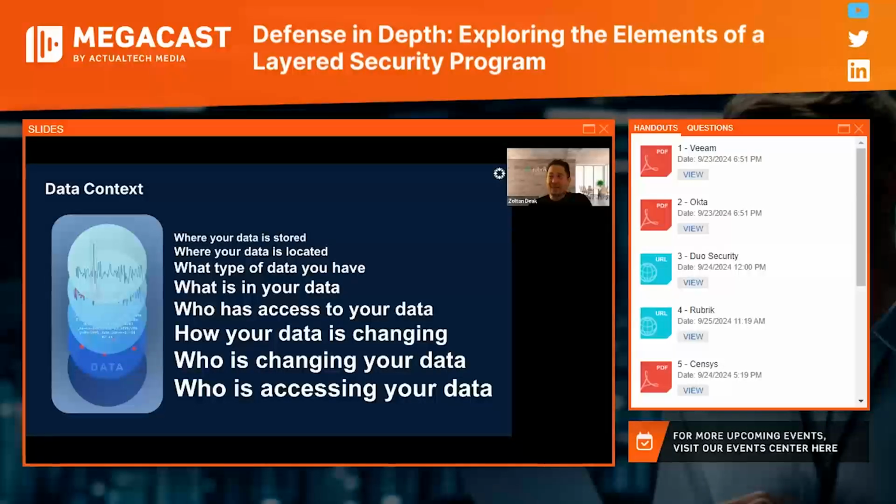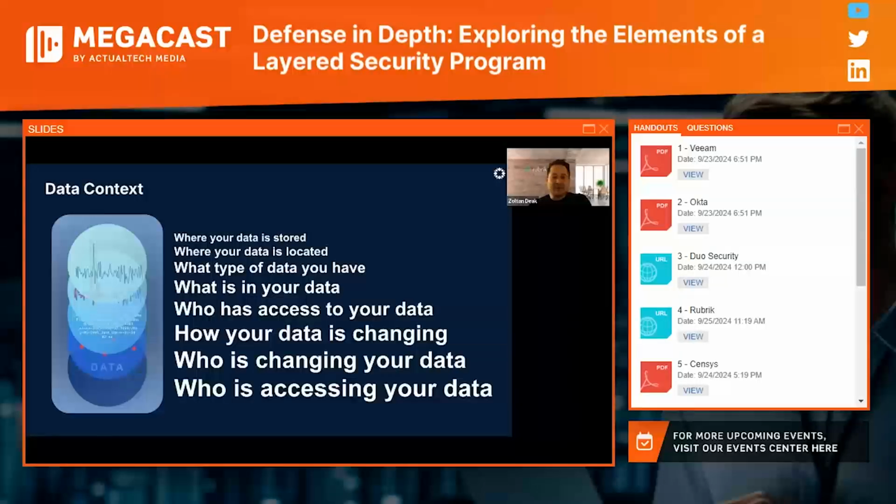What type of data is it? What's in it? Is it sensitive data, regulated data? How's that data changing over time? Who has access to it, and how's that access changing over time? Right? This is all tremendously powerful context.